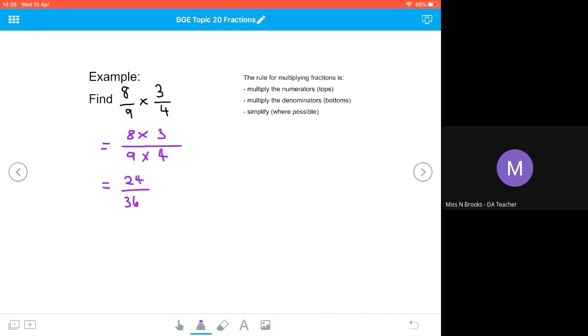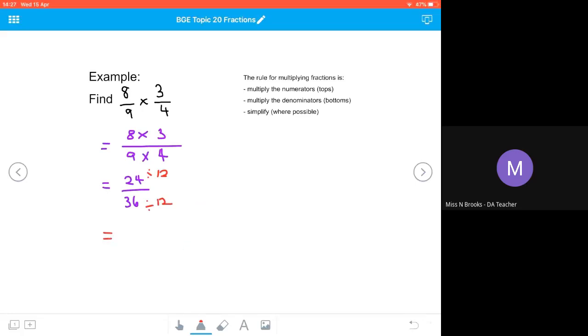However, I know that the factors of 24 are 1 and 24, 2 and 12, 3 and 8, 4 and 6, and the factors of 36 are 1 and 36, 2 and 18, 3 and 12, 4 and 9. So I have a common 12 there in both of my lists of factors. So I can divide the top by 12 and the bottom by 12.